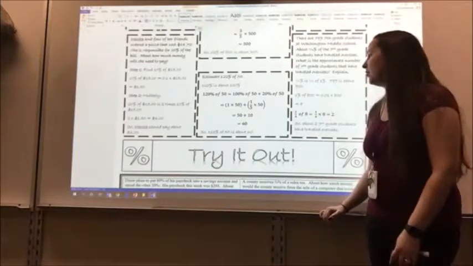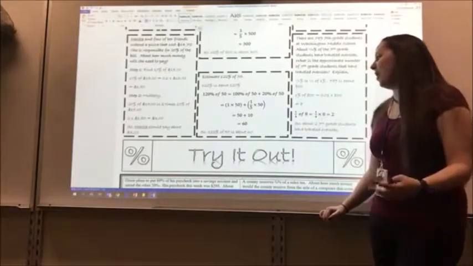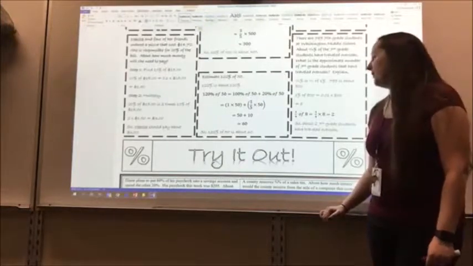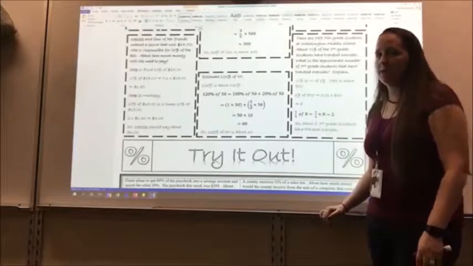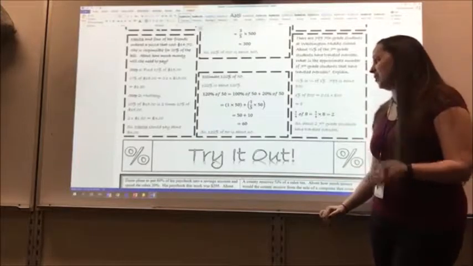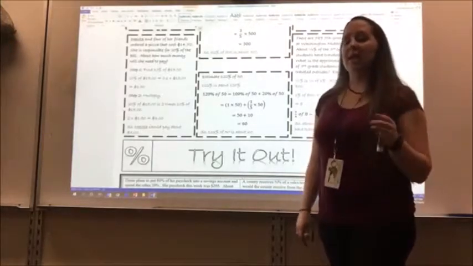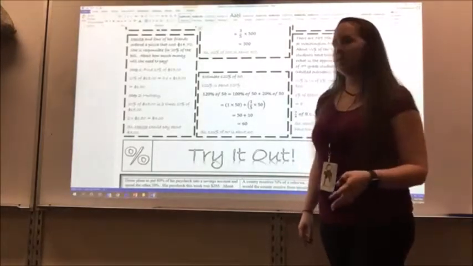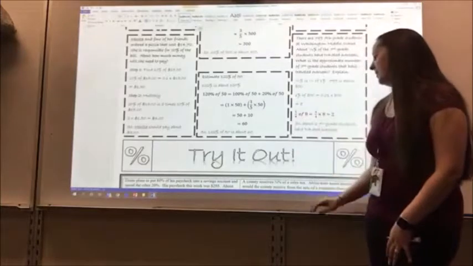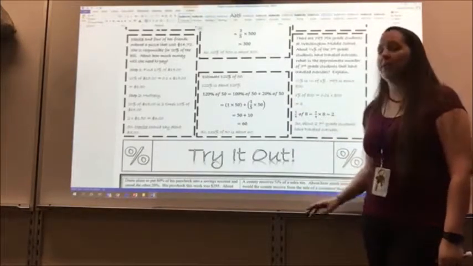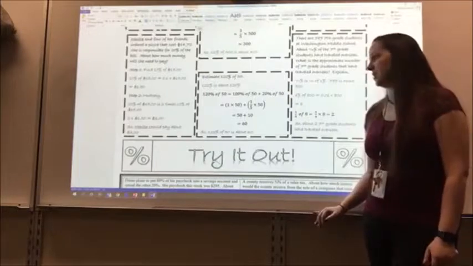We can round up. So I want to figure out 1% of 800. 1% is 0.01 times 800 equals 8. And I want 1/4 of that. 1/4 of 8 is 2. So about 2 of the 7th graders have traveled overseas.